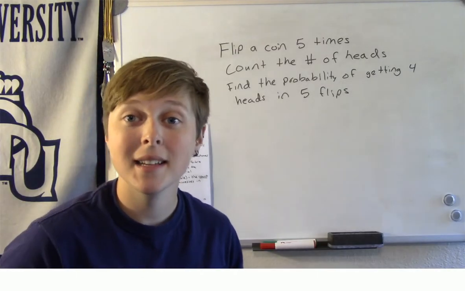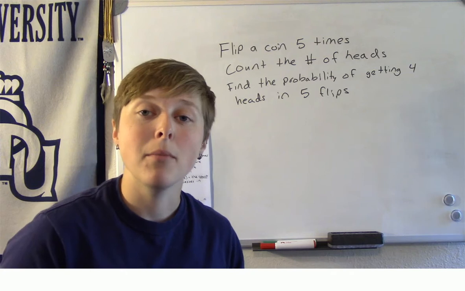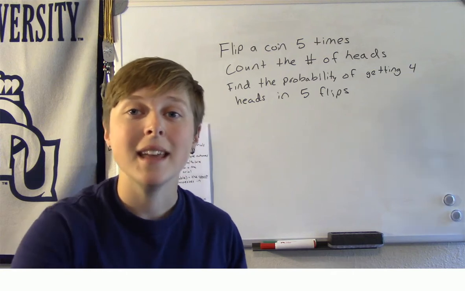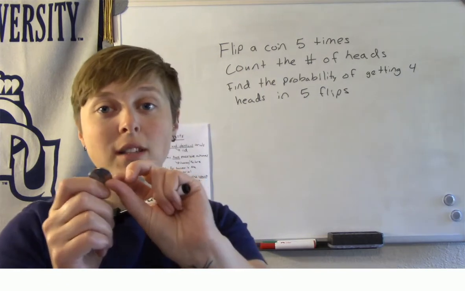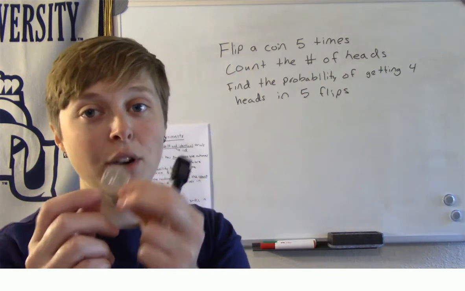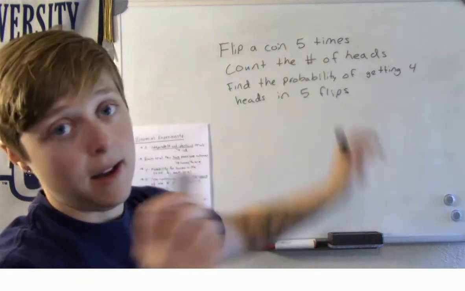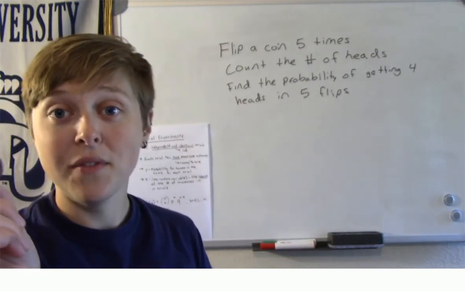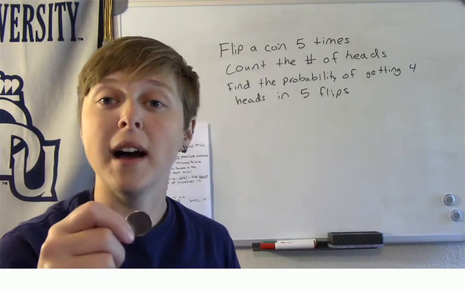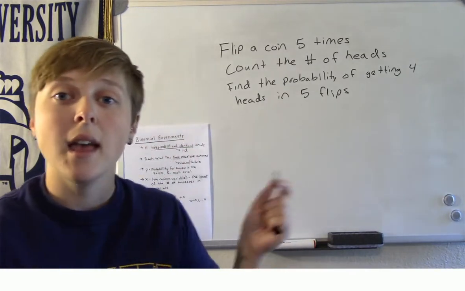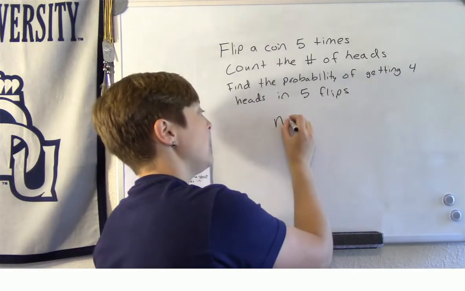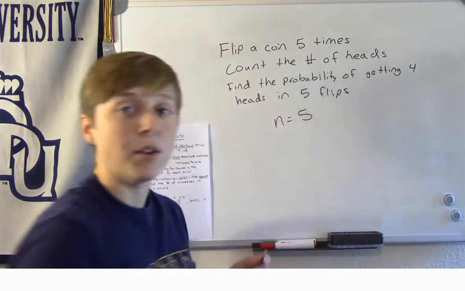The classic example for the binomial probability distribution function is flipping a coin. We're going to flip it 5 times. Since we flip it 5 times, there are 5 trials, so n equals 5.